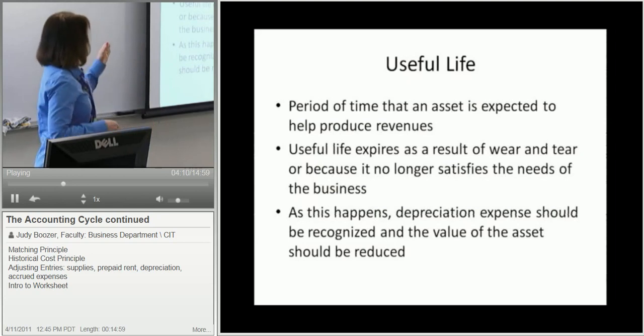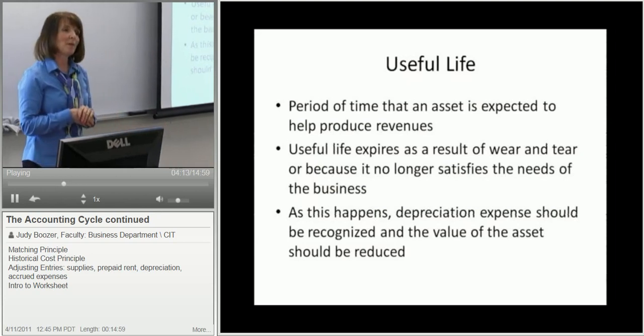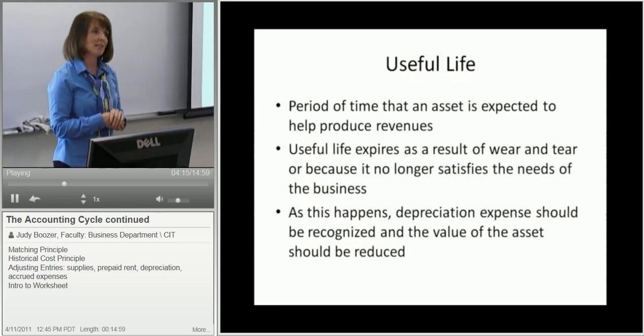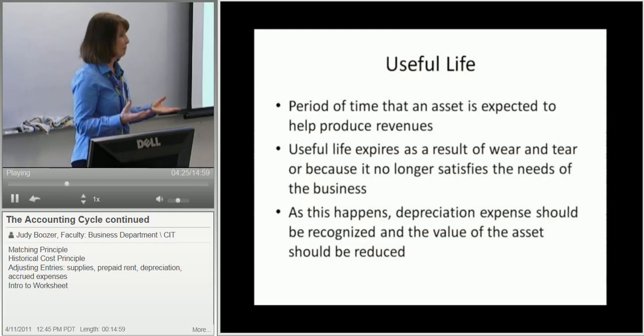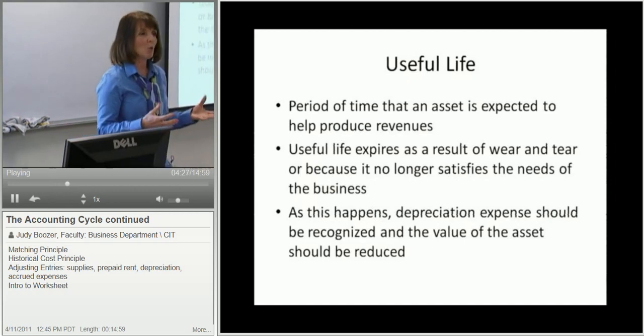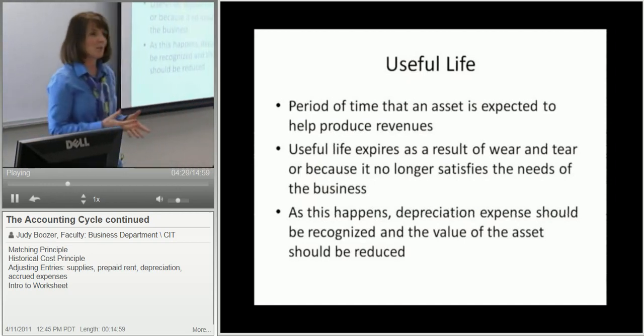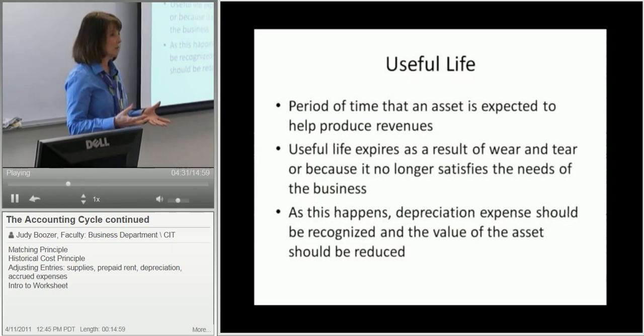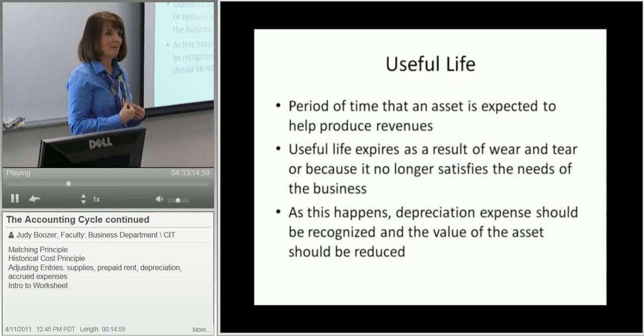So, first of all, we need to determine that period of time that that asset is expected to be of use to the company. So how are we going to determine that? Research. Yeah. See, what's the norm? What's the endurance for something like a computer? I have my own thoughts.